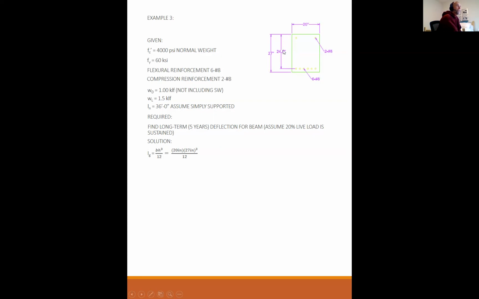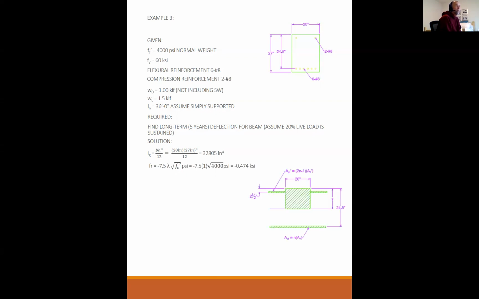You're not using d in here, you're using the gross section with 27. That gives us 32,805 inches to the fourth. Modulus of rupture is 7.5 lambda square root f prime c. Plug in lambda 1 and 4,000. I get 474 PSI.